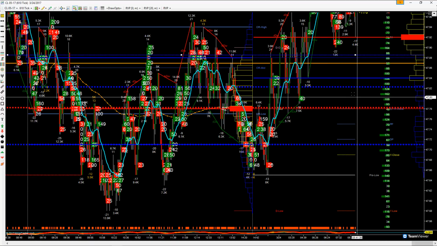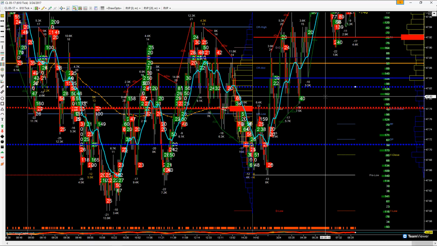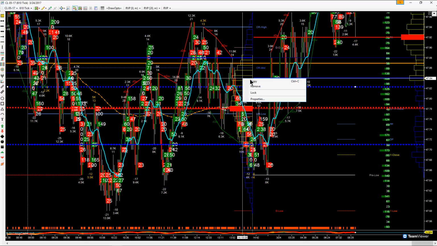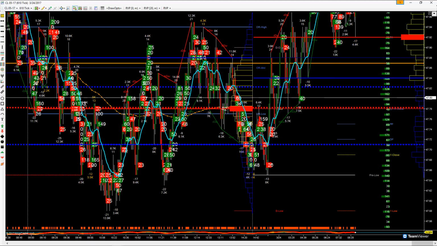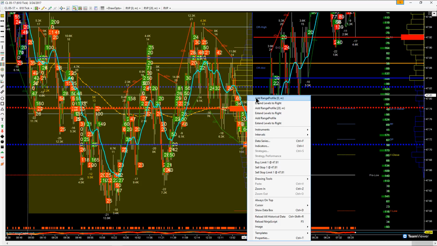All right. Well, here's what we just learned. I don't need to move any of these things because there is a function here. There's a function on this volume profile that says extend levels to right.